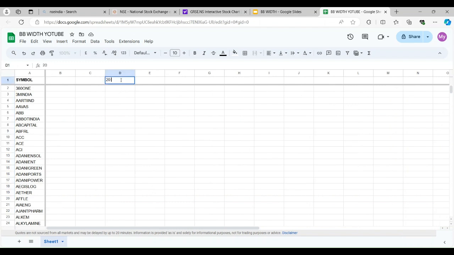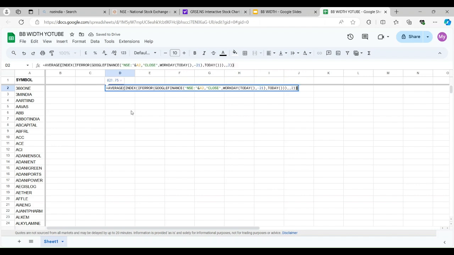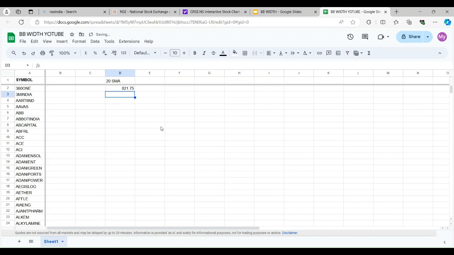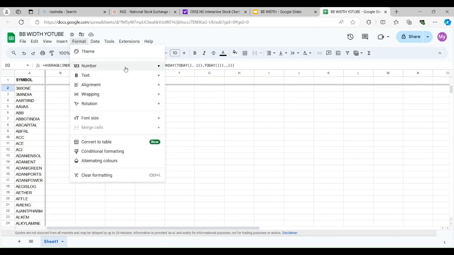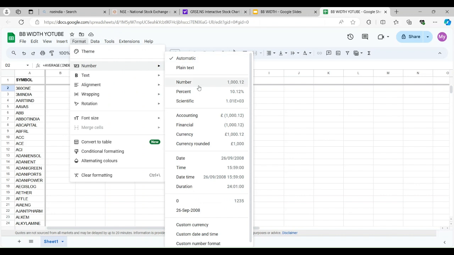I'll type in short form 20 SMA, simple moving average. So 821 I got it. I'll do it automatically and change it to number so that I can have only two decimals. Else sometimes we'll get some 4 or 5 decimals.